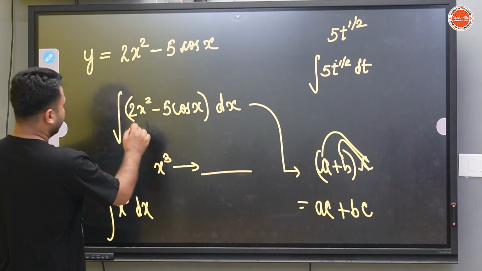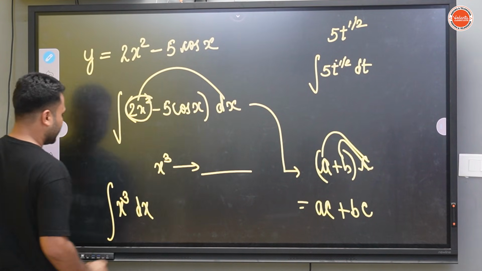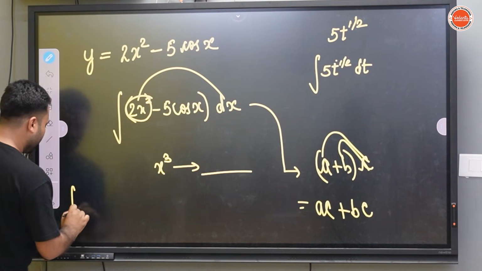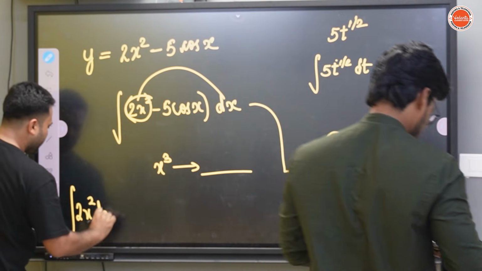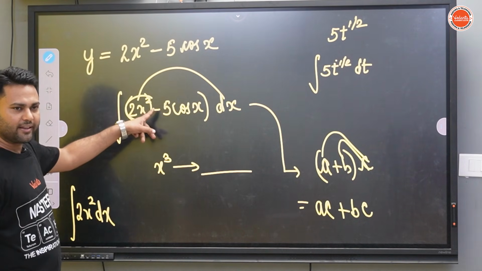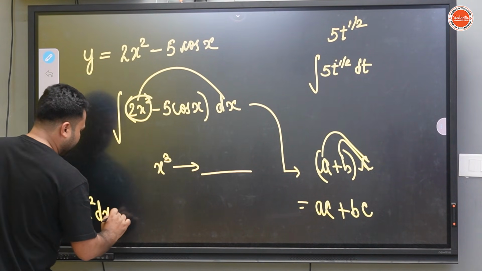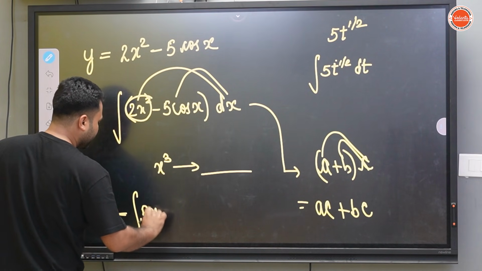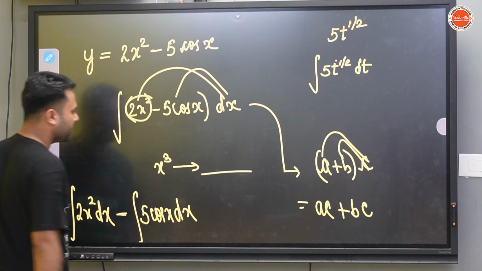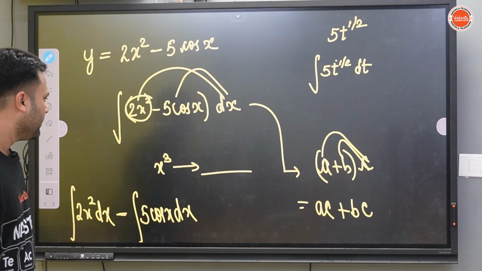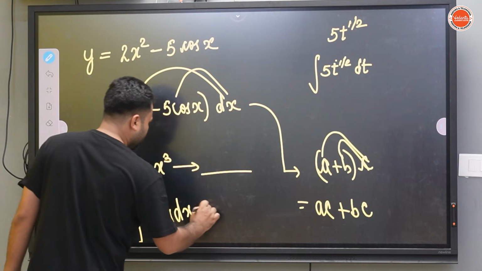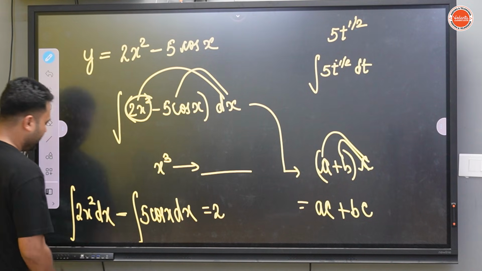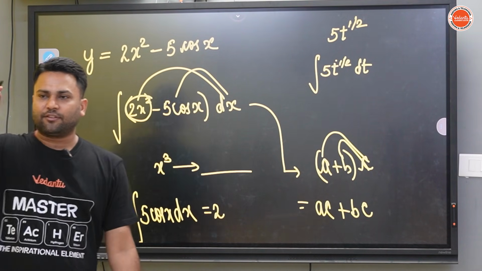Similarly here, first this term will be multiplied by dx. So I will write integration of 2x square dx. Then there is the minus sign. Then this number will be multiplied by this: integration of 5 cos x dx. Now see what to do. Here, a constant like 2 you always take outside. X square integration, you add 1 to the power, x cube by 3.